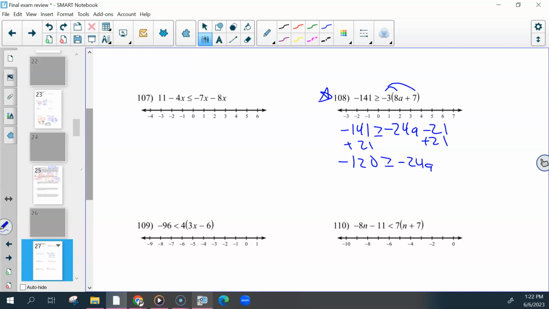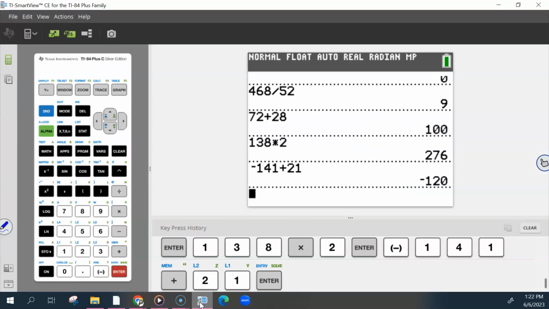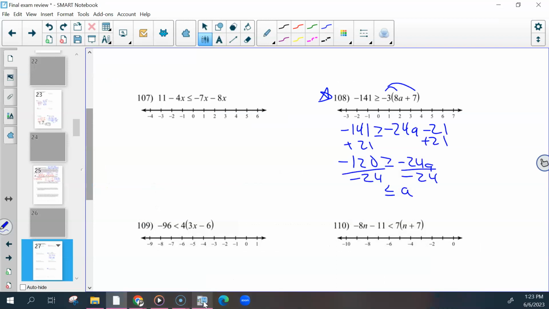Divide both sides by negative. Because we're dividing by a negative, the sign is going to change directions. So you could leave this as is, you just have to read it backwards.